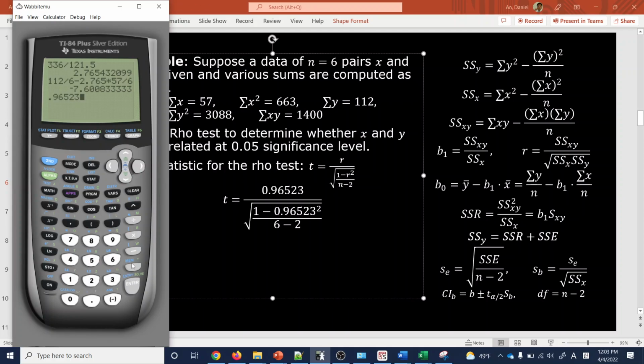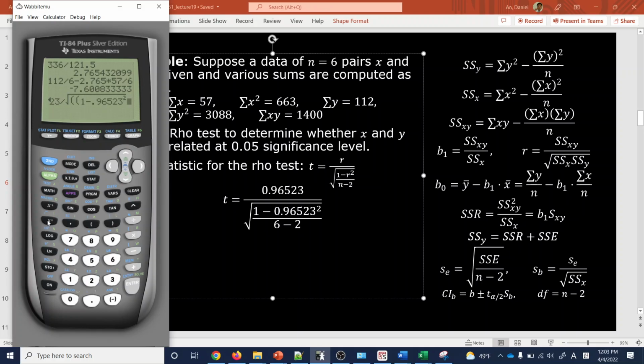0.96523 divided by, and then you need a square root, parenthesis, 1 minus 0.96523 squared.